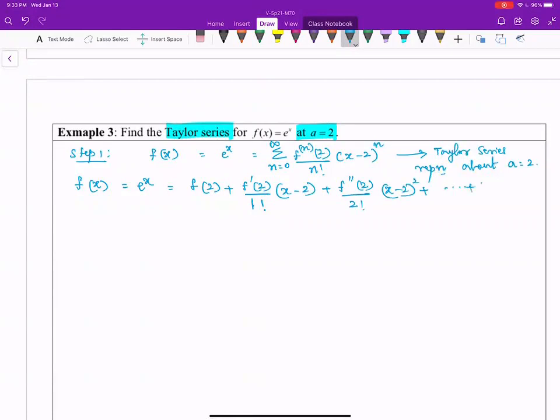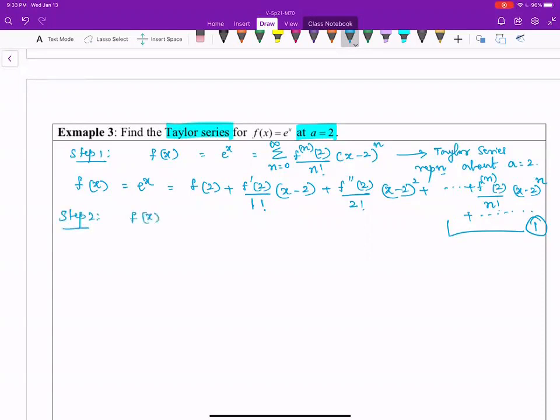If you want to write the generic term, it will look like nth derivative at 2 divided by factorial n times x minus 2 to the power n, goes on like that. So we are going to find out all these values, f at 2, f prime at 2, etc., for the function f of x. That will be our next step.